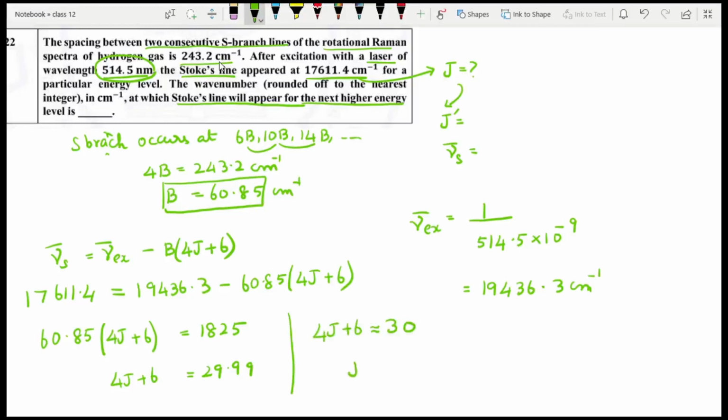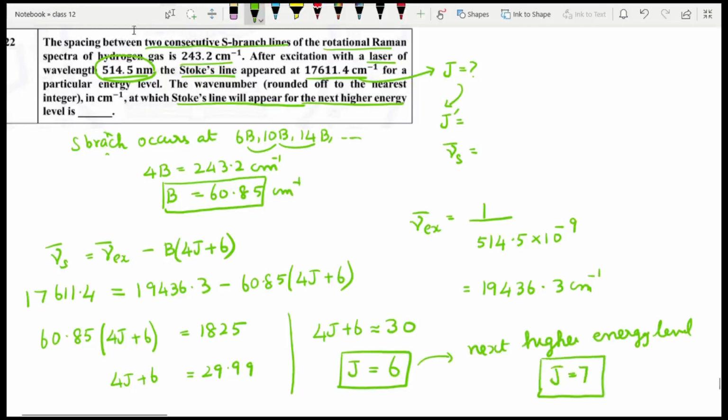From this we get J equal to 6. So for the given Stokes line the J value is 6. So the next higher energy level will have a J value of 7.